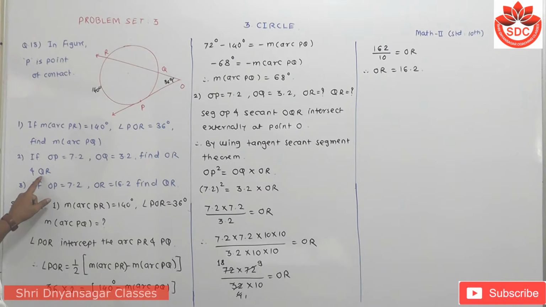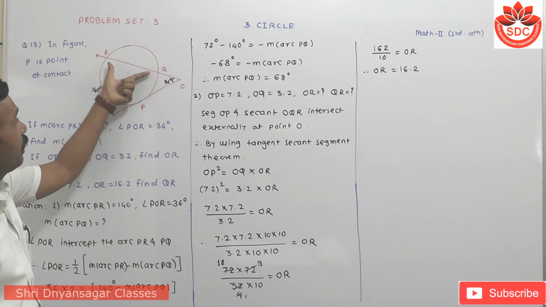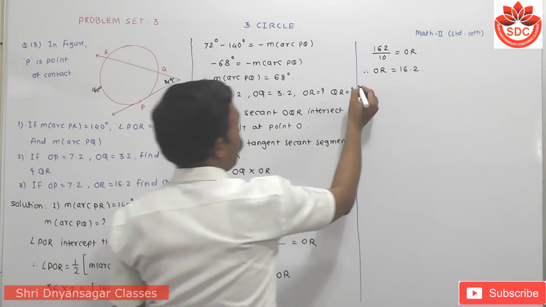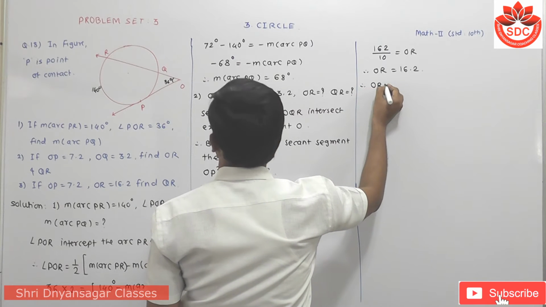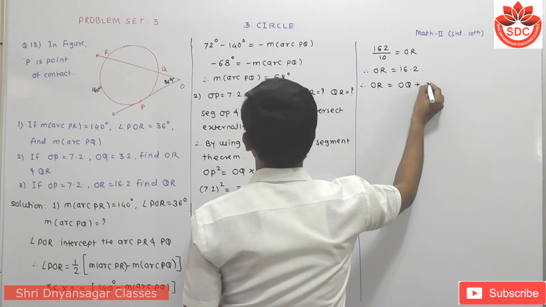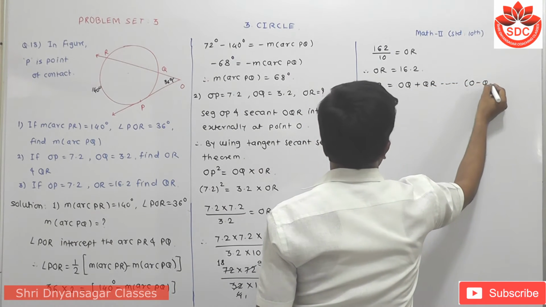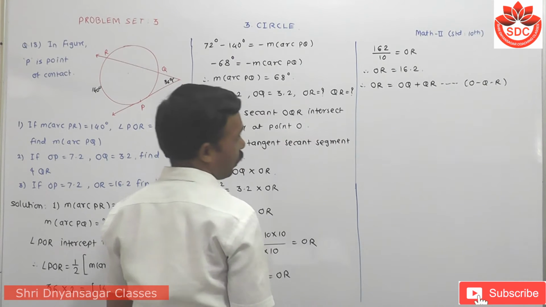Also we have to find out QR. Now OR is 16.2. We know that OR is equal to OQ plus QR, because O-Q-R are collinear, by this property.